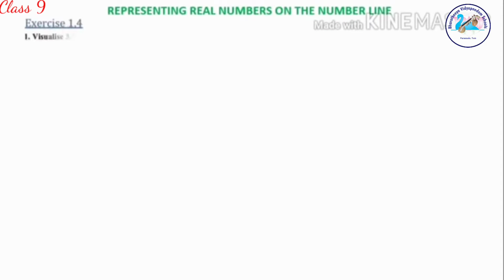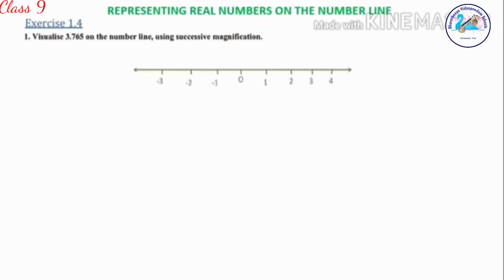Exercise 1.4, first question: visualize 3.765 on the number line using successive magnification. Here the given number is 3.765. Here 3.765 lies between 3 and 4. It is quite clear for us. So let's represent the normal integers on the number line first.